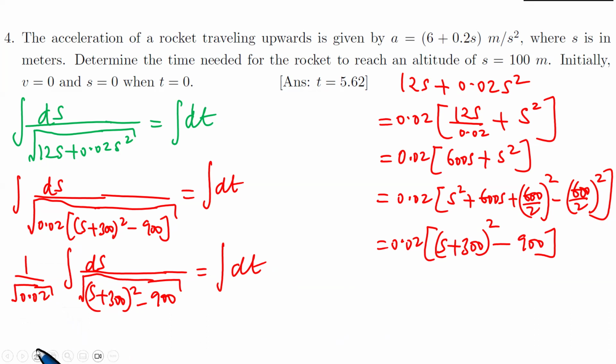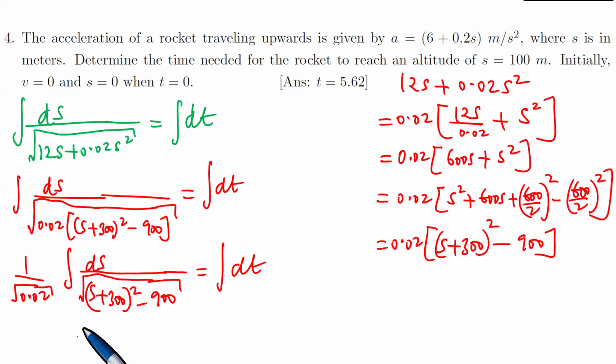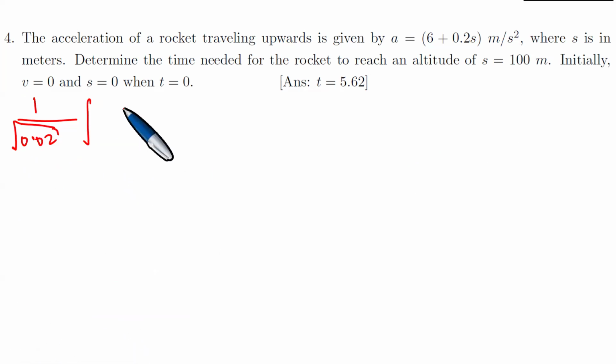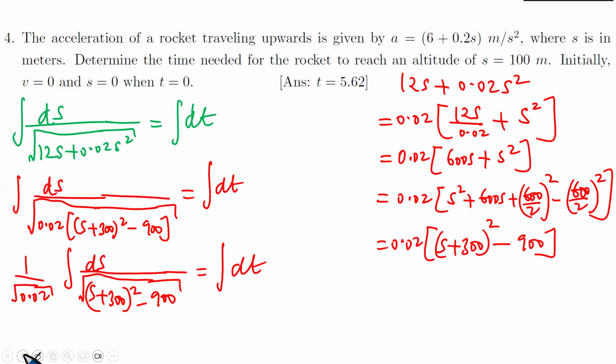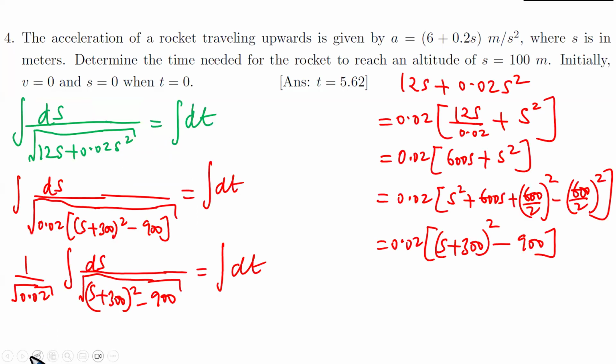So in other words, we have 1 over the square root of 0.02, the integral of ds divided by the square root of s minus 300, squared, minus 900.